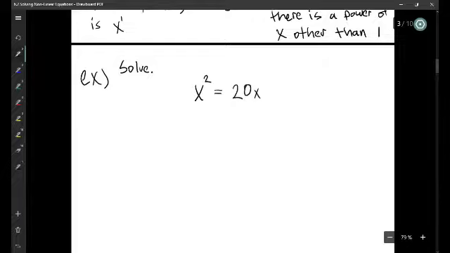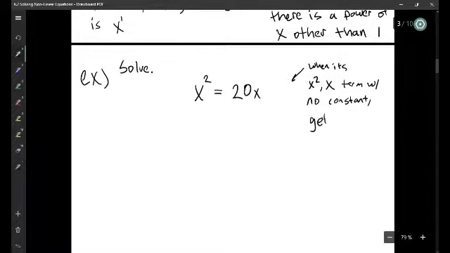All right. When it's x squared and an x term with no constant, then get the variables to one side and factor.